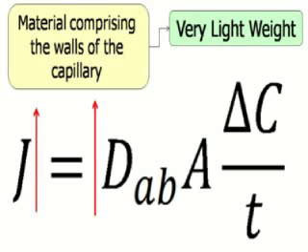If we continue and think about the material comprising the walls of the capillary, we find that Allah Almighty designed this material from a very low weight material. It's basically collagen and elastin, very light proteins. So this increases the mass diffusivity, the D parameter, which will increase the mass transfer to and from the mass exchanger.